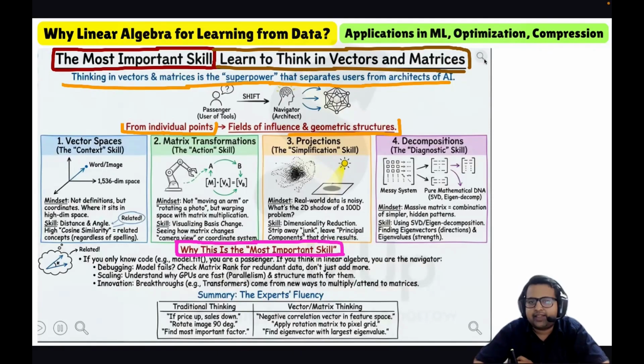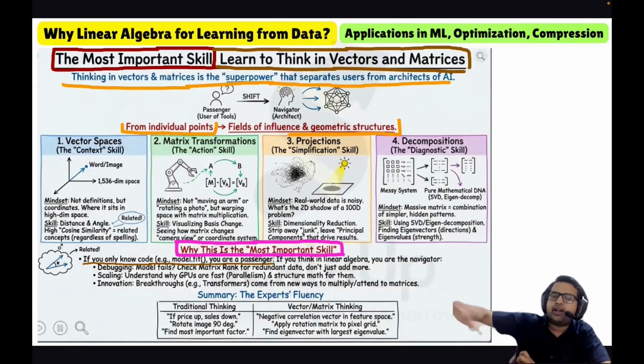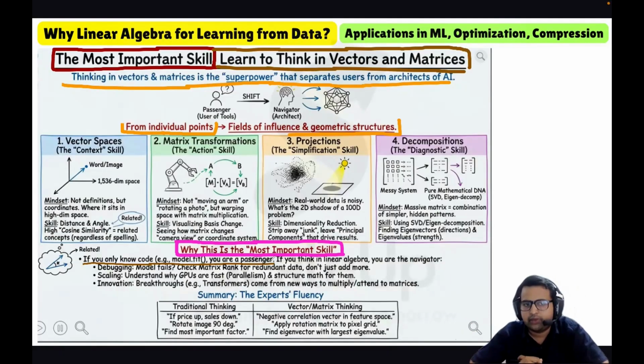The idea is that if we just focus on the code, we are just a passenger. Passenger means we don't know what is happening, how the system is working, or how the driver is driving the vehicle. If we just know the code, we are just calling some inbuilt functions. We don't know what is happening in those inbuilt functions.